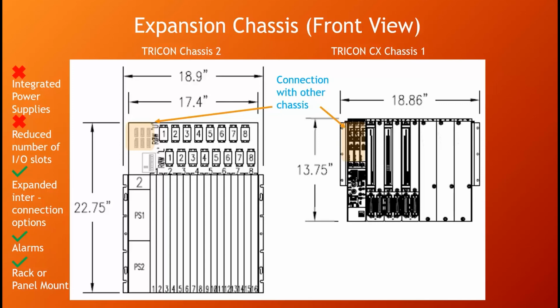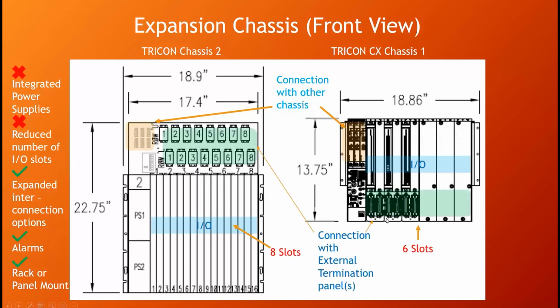But in the Tricon CX, instead of using a different type of chassis, you can just exchange these highlighted modules shown here, and you'll be able to connect through fiber or Ethernet without changing the chassis. Now the Tricon has 8 I/O slots, whereas the Tricon CX expansion chassis has 6.